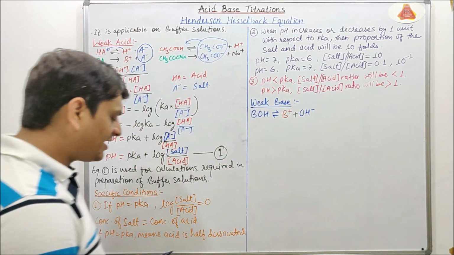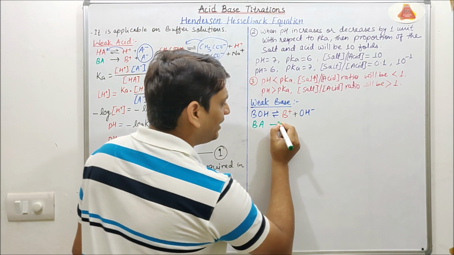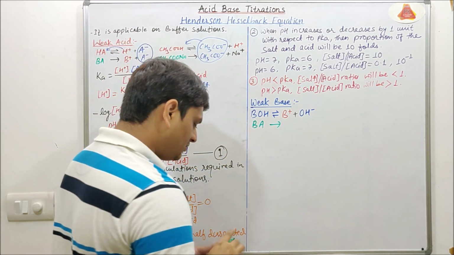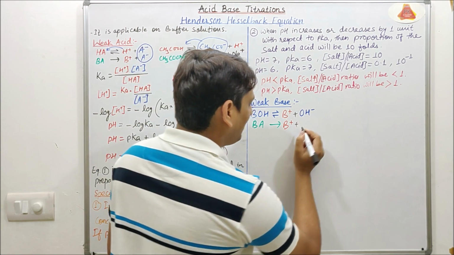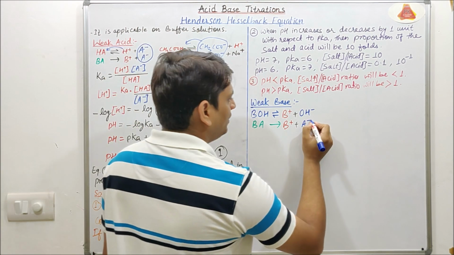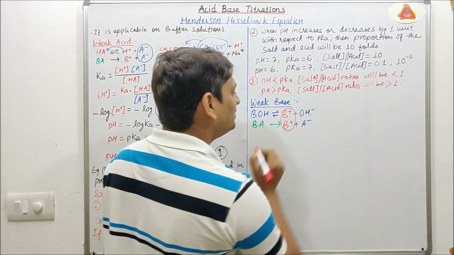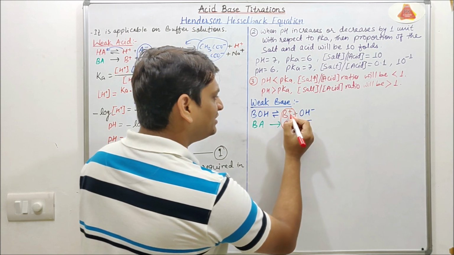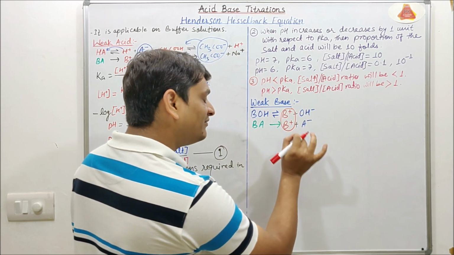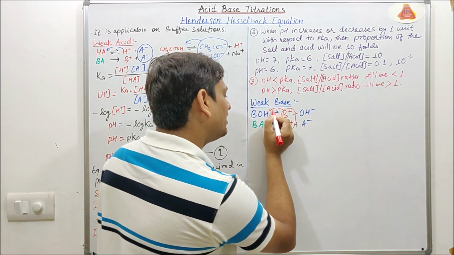And again we are taking one salt, that is BA, and one ion should be common, so it will give B plus and A minus. So in both reactions you can see that the B plus ion is common. So due to the presence of this common ion effect, dissociation of B plus and OH minus ions will be further decreased and this reaction goes towards the backward direction.